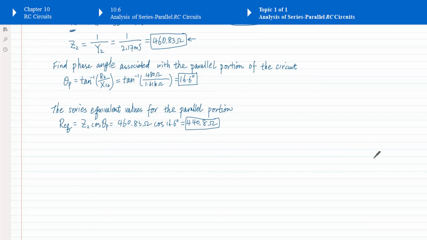To find the capacitive portion, XC equivalent for the parallel part is Z2 sine theta P. This is 460.83 times sine 16.6 degrees, which equals 131.4 ohm. Now we are ready to find the total circuit resistance and the capacitive reactance.